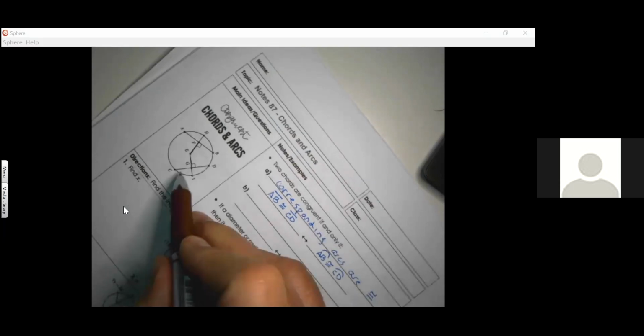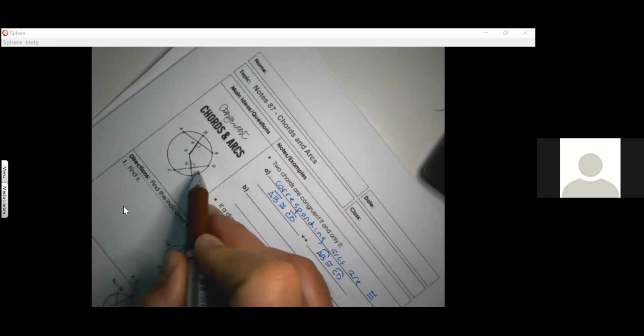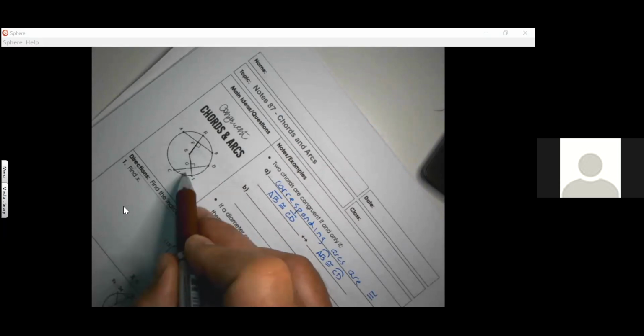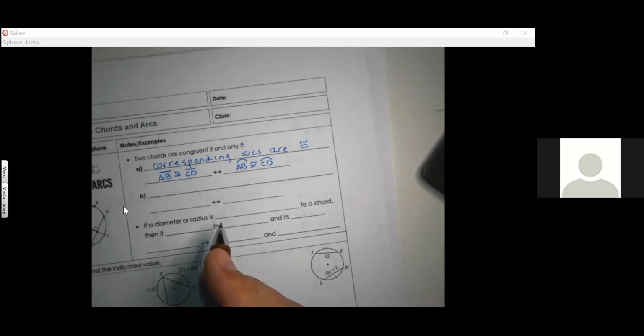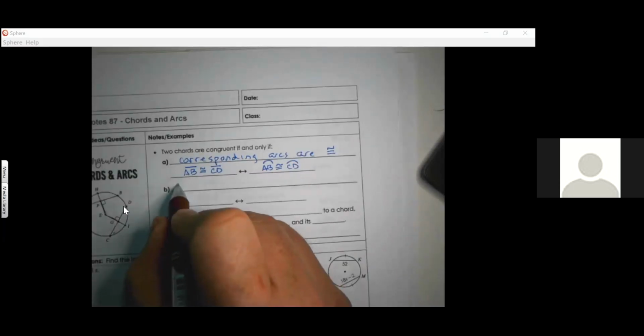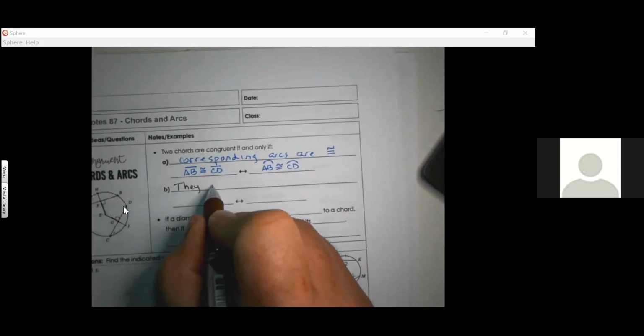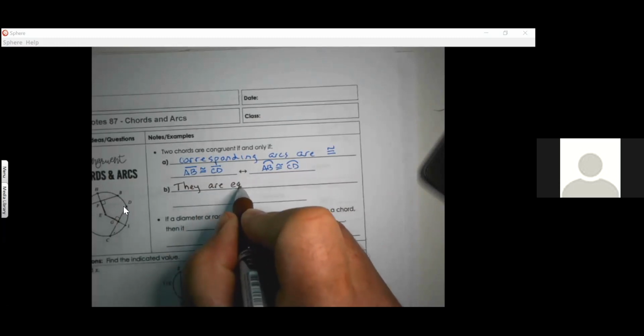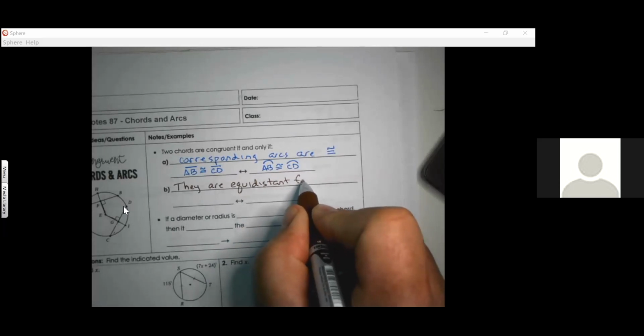It would just rest along the bottom here. And if I put another circle in the same size, it would rest right on top of that. In other words, they would have to be the same distance away. And if I stuck that one and then spun it around, wherever it lands, it would be the same distance if they're the same size chord. So this one says that they are equidistant from the center.